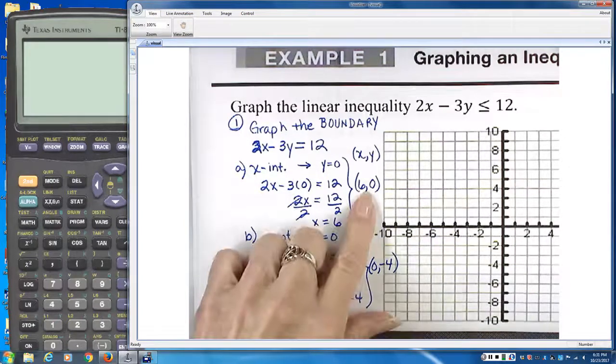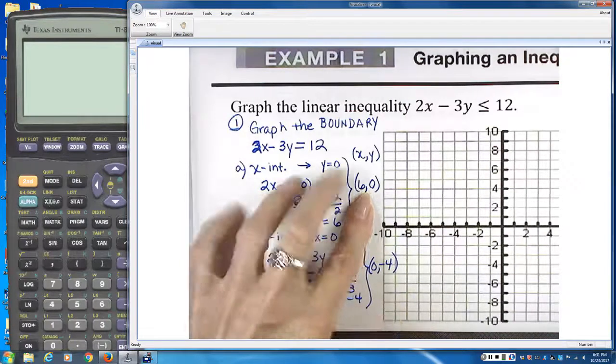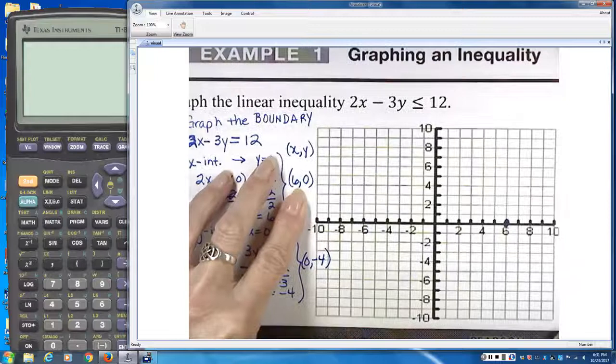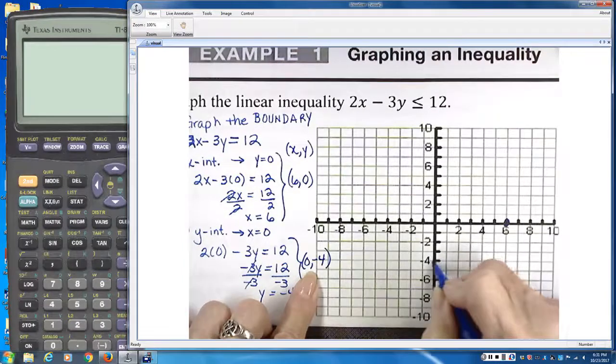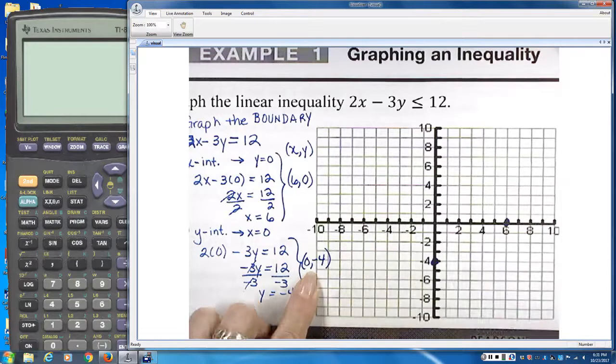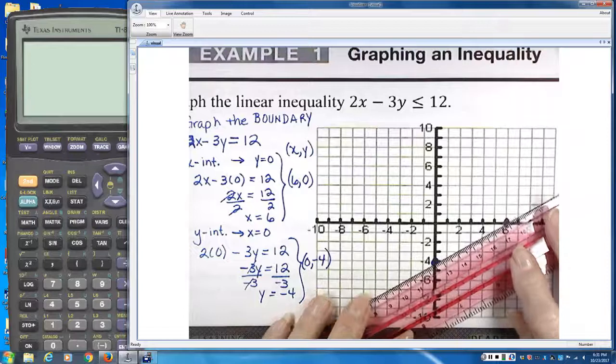So the point 6, 0 is right there. And the point 0, negative 4 is right there. And all I need to do is get a ruler, and I do expect you to use a ruler.